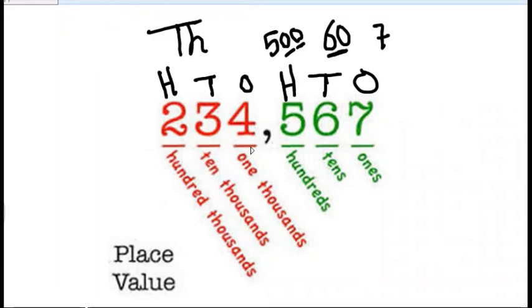Okay, let's go to the 1,000s. 4,000s. I told you before, when you hear the word thousands, that means there are 3 zeros. So 4 has 3 zeros. It's 4,000s. Okay. Can you tell me what about 3? 3, don't confuse. Here we have 3 in the 10,000s, right?